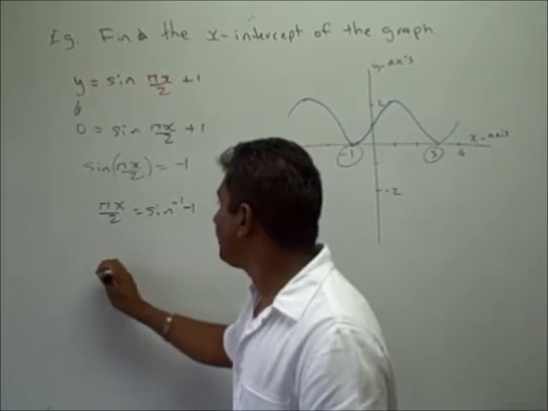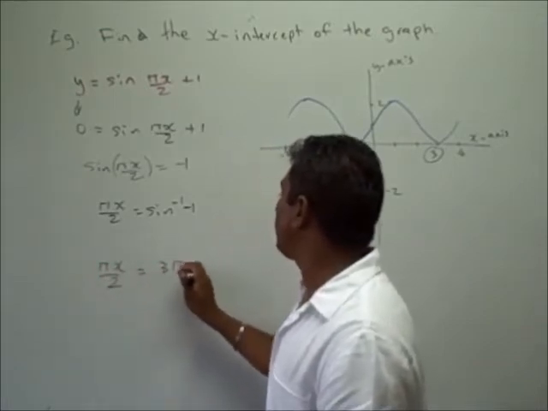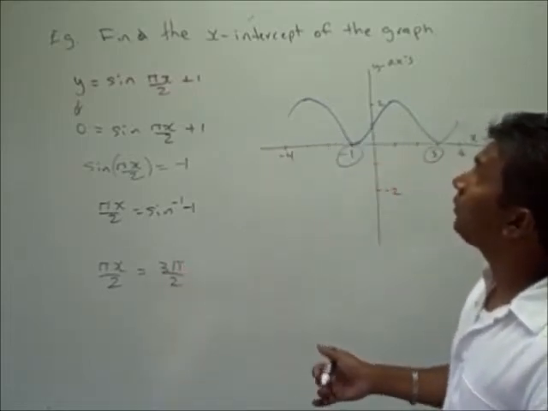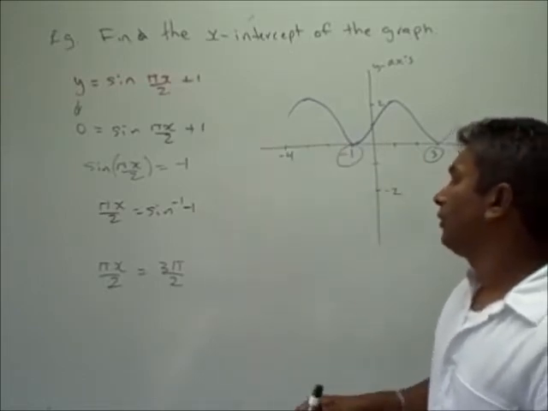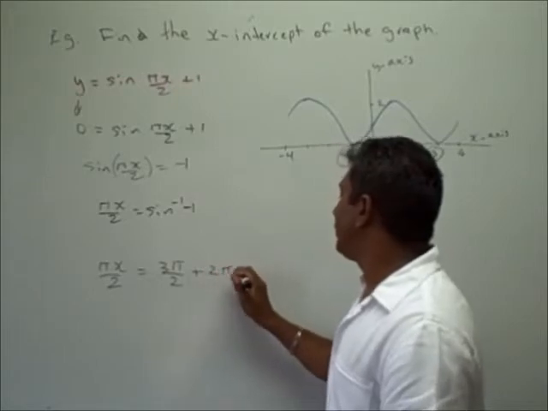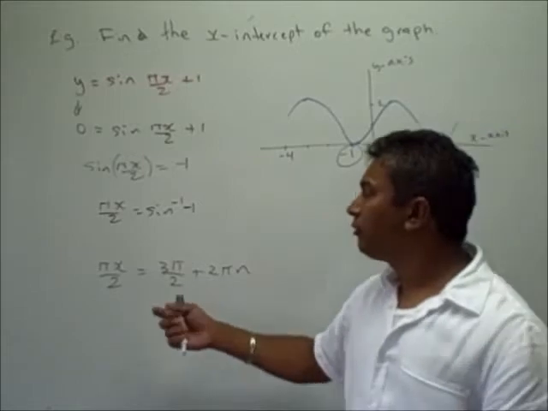So we have pi x over 2 is equal to 3 pi over 2. Now, because our domain is not given, and we know this is a sine function, we know this goes up to 2 pi n for infinite possibilities.